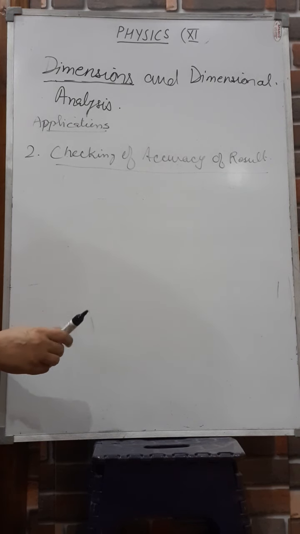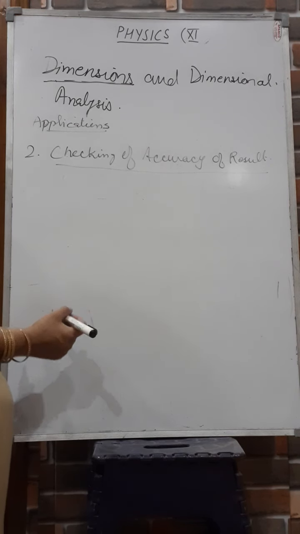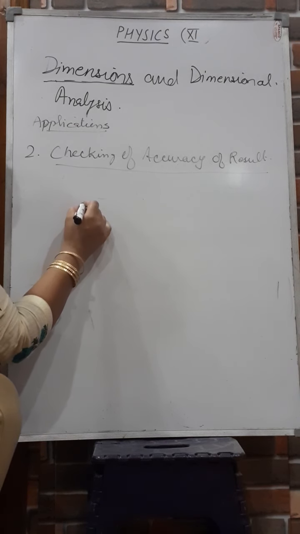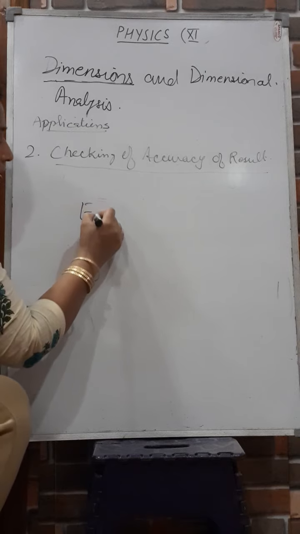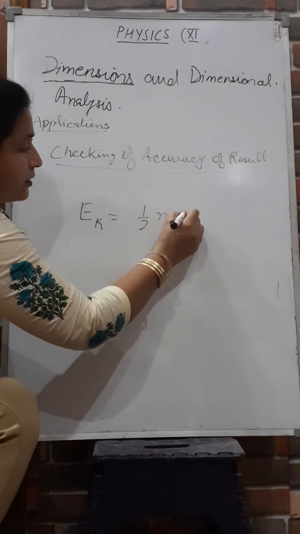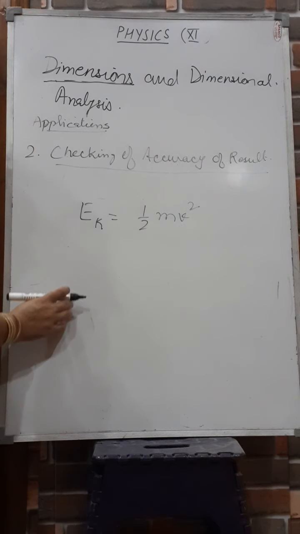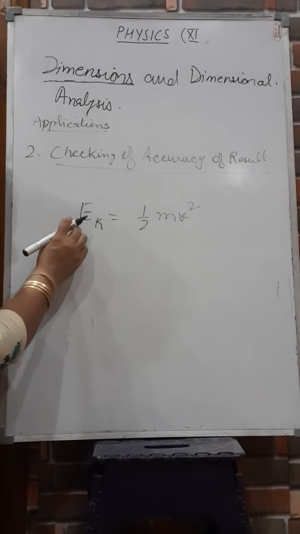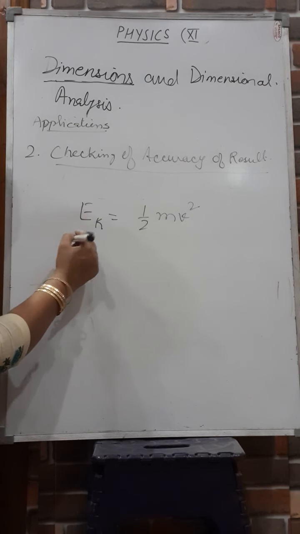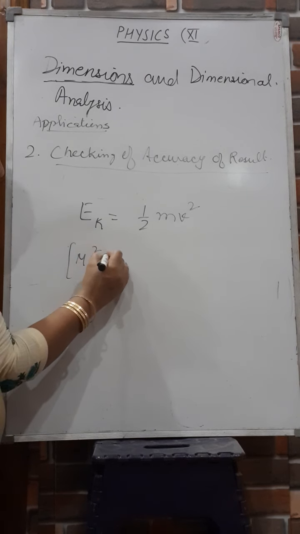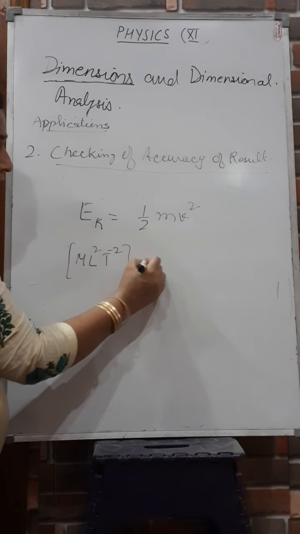I will explain it with the help of examples which you have already done. Kinetic energy is half mv square. This is the formula you know. Energy is the ability to do work, force into displacement, so the dimension for energy will be ML2T minus 2.